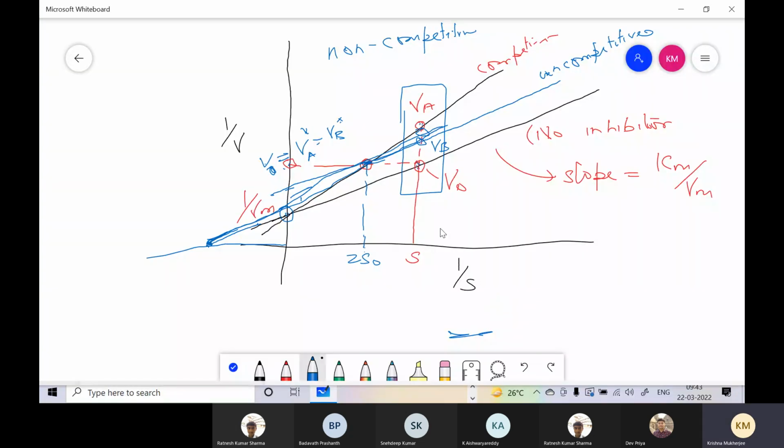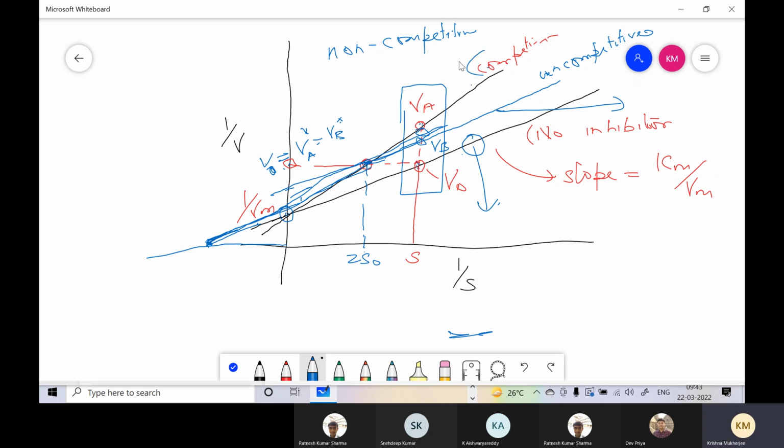Hello? Can you hear me? Yes, sir. Can you make out where the non-competitive one will go? The non-competitive slope is higher than the slope of the ordinary line. The uncompetitive has the same slope.